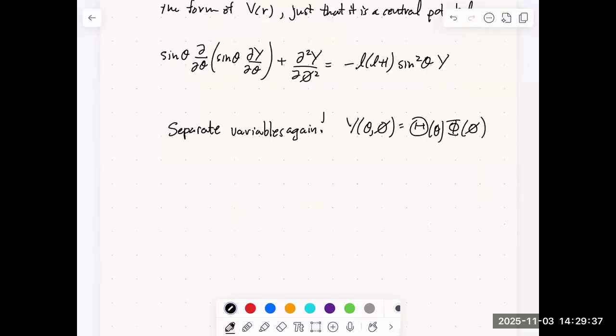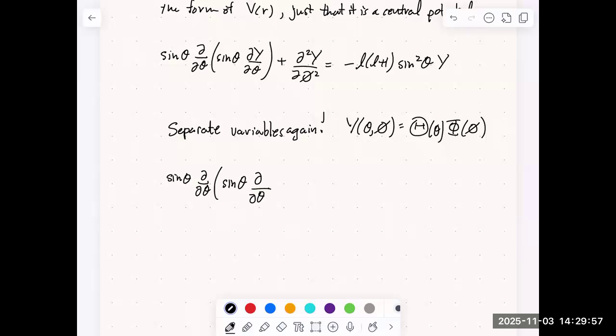Okay, so we put it in there, and we'll go sine theta, d by d theta, sine theta, d by d theta. Now for Y, we put this product in, and it's only going to take the derivative of that first term.